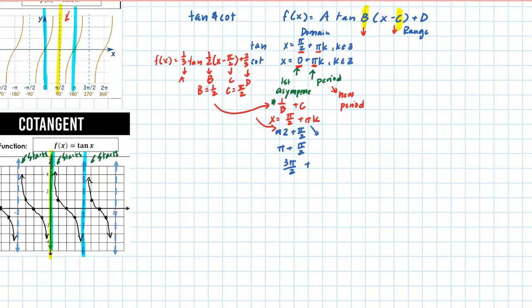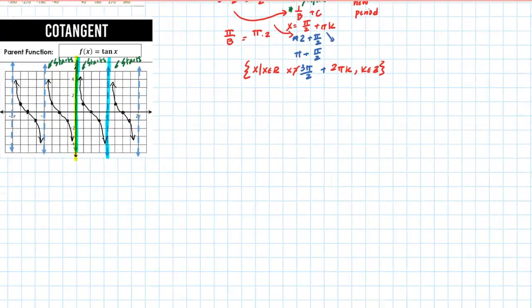The period of this is pi over B, so that's pi times 2. So 2 pi k, k is an element of the integers, so that's your asymptote. x can't equal that, and x is an element of the real numbers. Now for the range, it's easy. y is an element of all real numbers. That's not going to change.